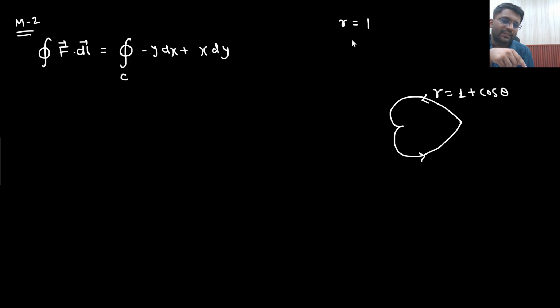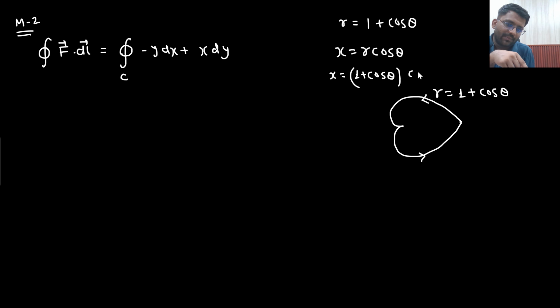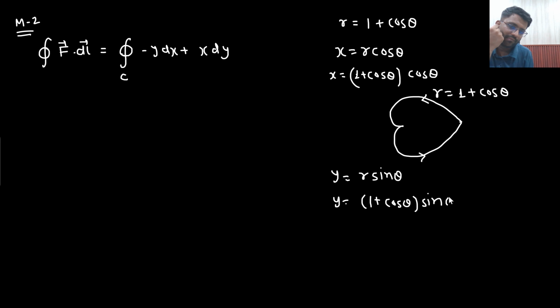What is the value of x here, sir? The value of x is nothing but r cos theta. So x could be written as 1 plus cos theta multiplied with cos theta. And y is r sin theta, so 1 plus cos theta times sin theta.